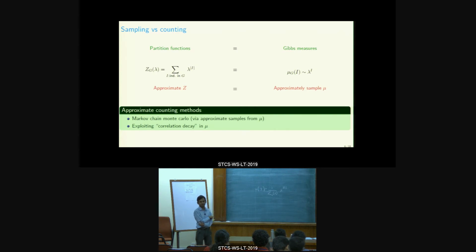So that's one way of doing it. This is something I won't explore, but this is the thing that has been most widely studied. The second thing, which is maybe more recent, is exploiting something called the correlation decay phenomenon. We'll look at it in much more detail later on. You exploit some structure of this distribution to directly try to compute this.